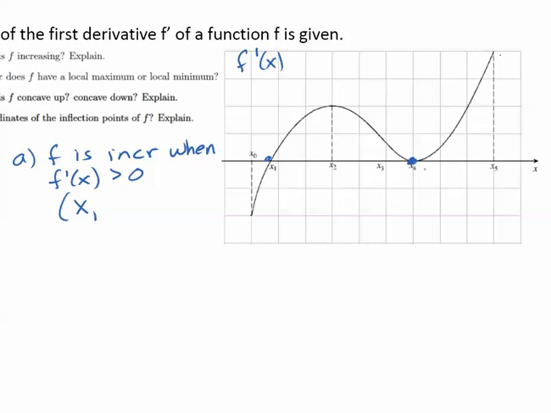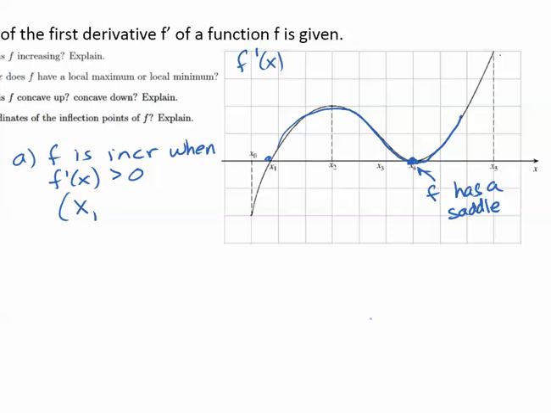So remember that this would mean that f is going to have a saddle point. F has a saddle point because it has positive slopes, 0 slope, and then positive slopes again. So it temporarily has a horizontal tangent, but then it continues right on.